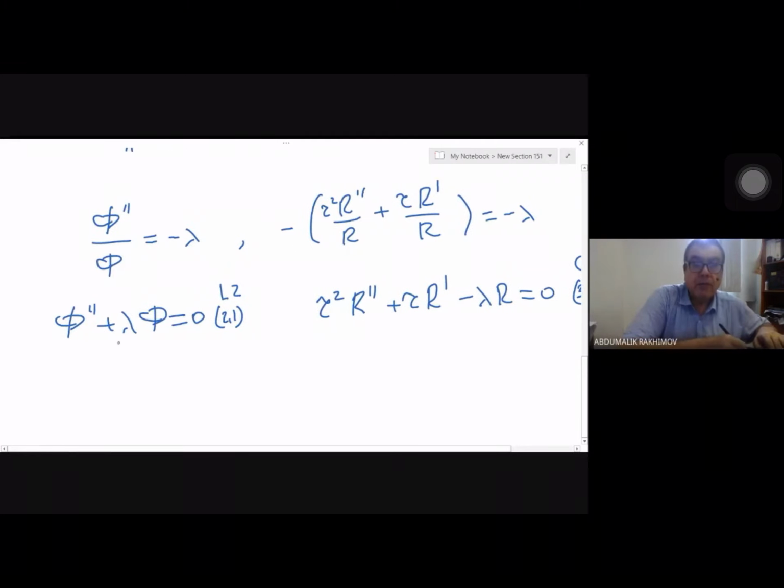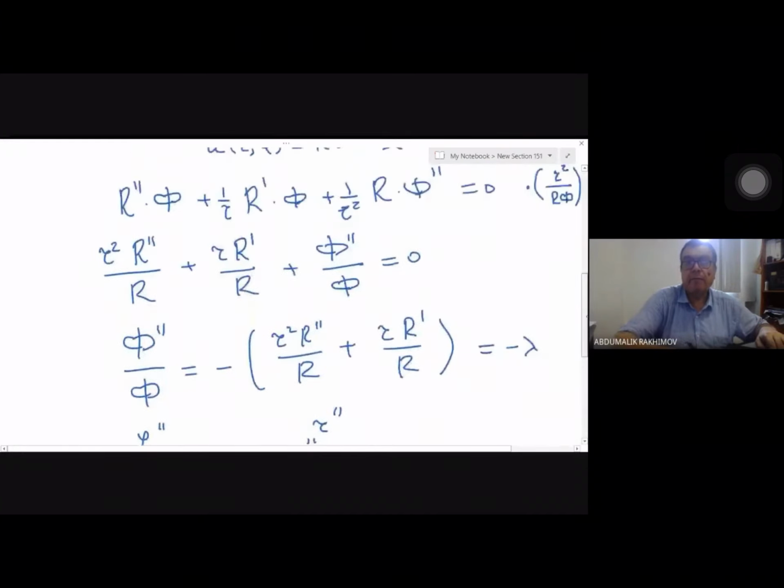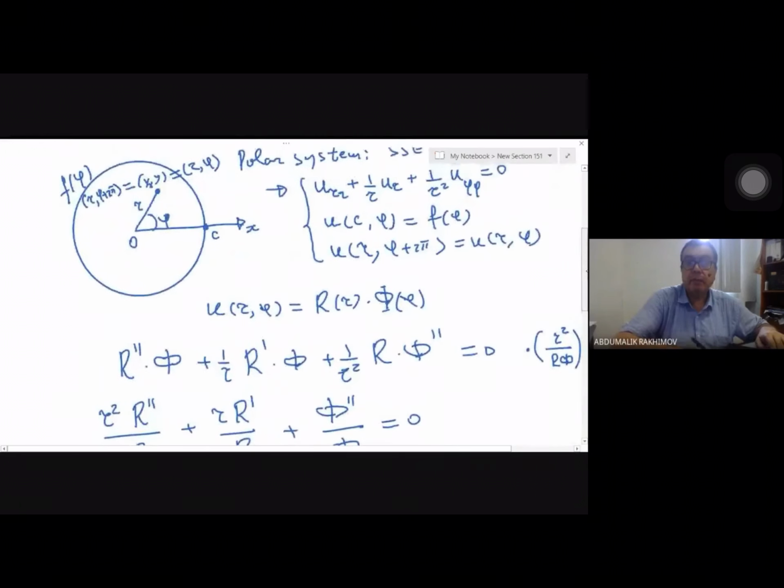For this equation, I have a condition. It must be periodic because the function u must be periodic. U will be periodic if phi is periodic, because phi depends on the angle, not r.